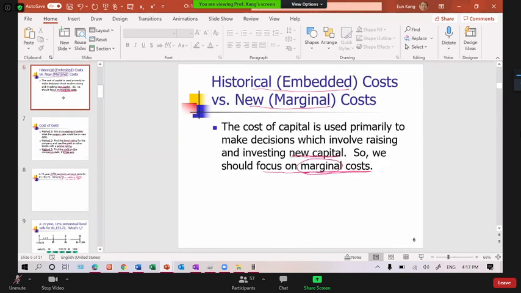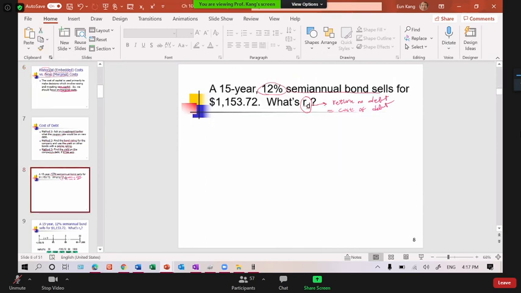You are calculating new or marginal cost, not historical. So this 12% is actually historical cost. This is now a 15-year bond, but maybe originally, when they first issued this bond, it may have been a 30-year bond. That means 15 years have passed.